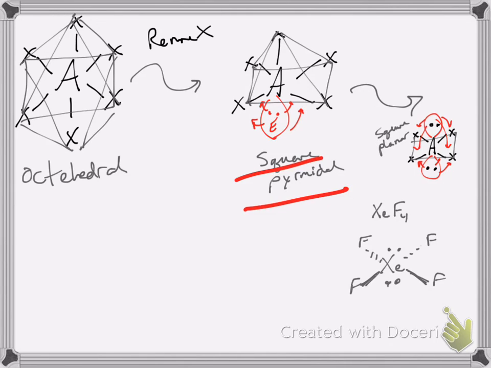We have 4 fluorines bonded to 1 xenon, and we have an expanded octet. So remember, expanded octets are important. They usually come with the halogens, and they're usually really, really big molecules. But yeah, so here's our family for octahedral that I need you to know.